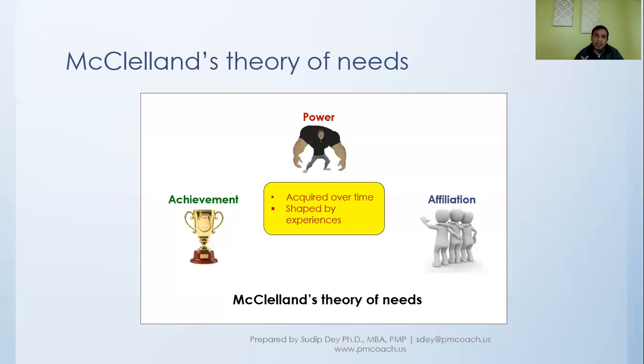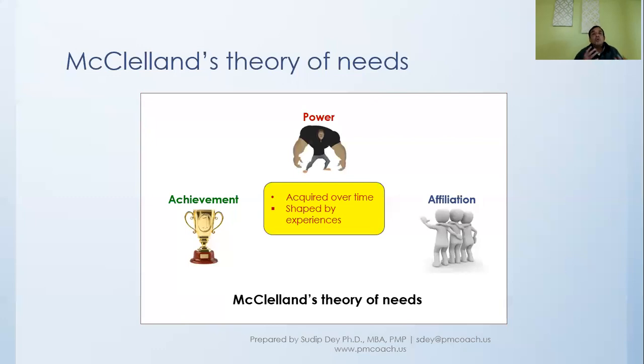So in effect, when you manage a team, it is typically not that a person will have one or the other. Mostly you'll find it's a combination of all three, and probably one or two of them will be more dominant.